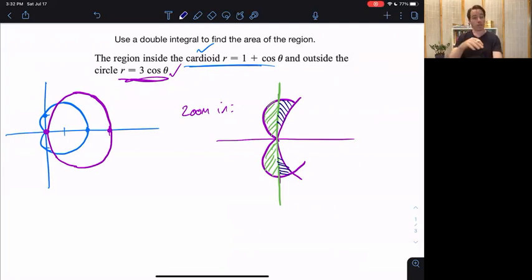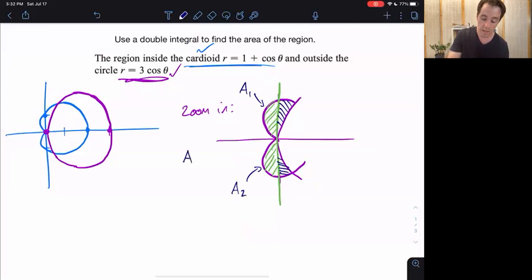All right, we're getting closer to the answer, but we also need to find some limits of integration. Notice that you can use symmetry a lot here, because this here is the same as this down here. If I call this area 1 and this area 2, area 1 equals area 2, and so it will be sufficient to find one of them and double it.